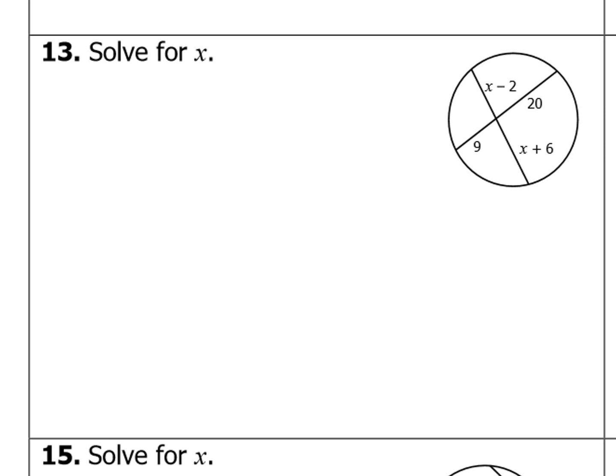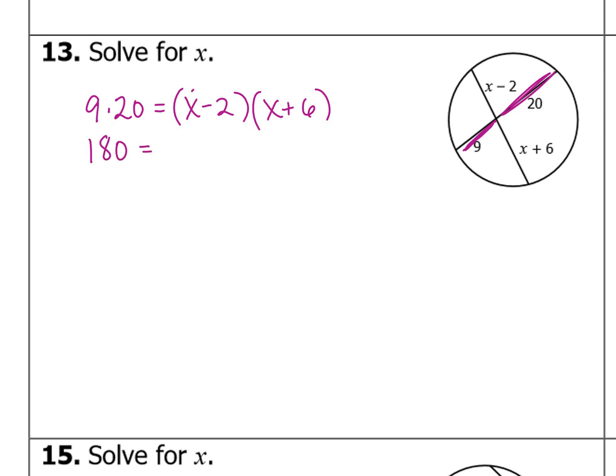All right, now we're back inside the circle, so we have 9 times 20. 9 times 20 equals x minus 2 times x plus 6. So now we need 180 equals, so we need to do x times x, x squared.